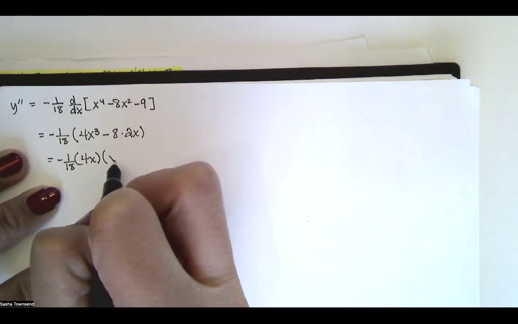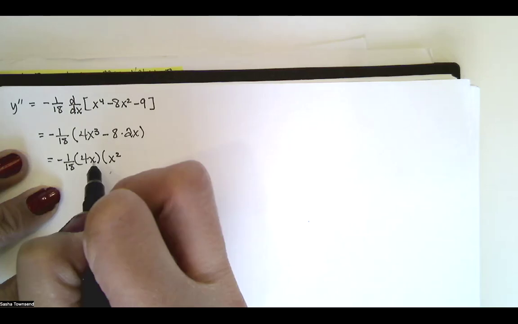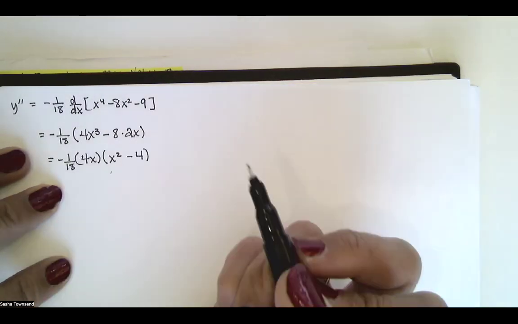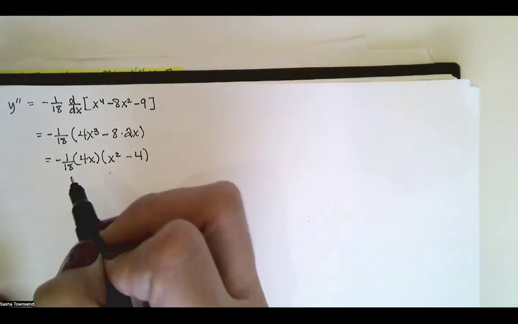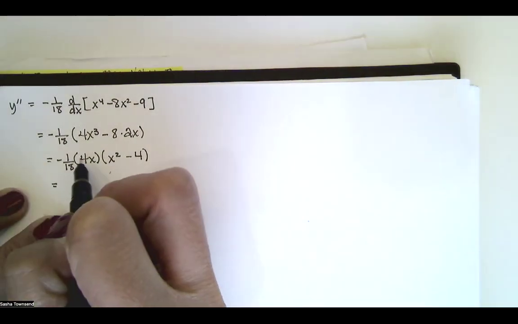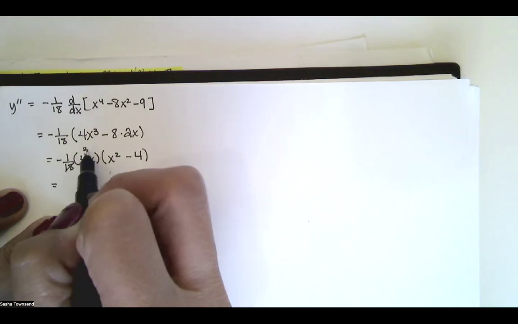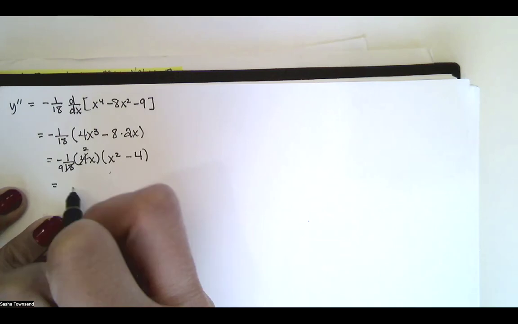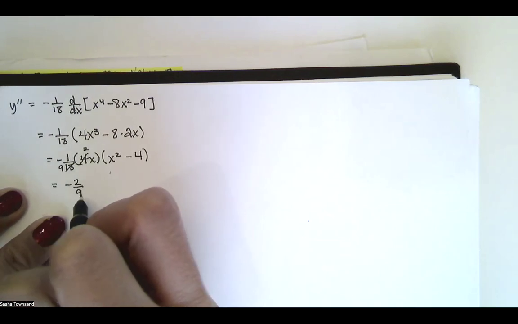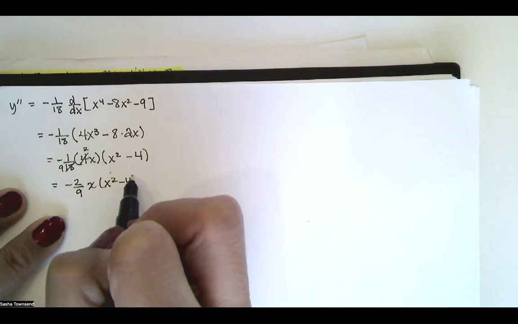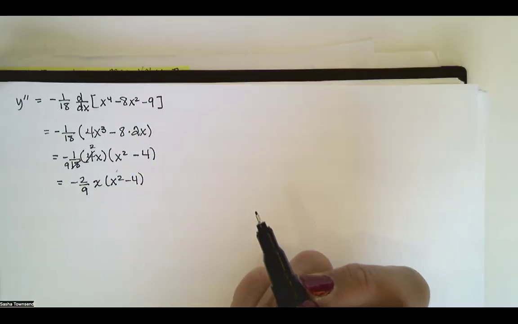And we say 4x times x squared is 4x cubed, and 4x times a negative 4 is that negative 16x. That 4 has a factor of 2 in common with the 18, so we can divide out the 2 there and there. The negative 9, or 2 divided by 9 times x times this x squared minus 4. That's our y double prime.